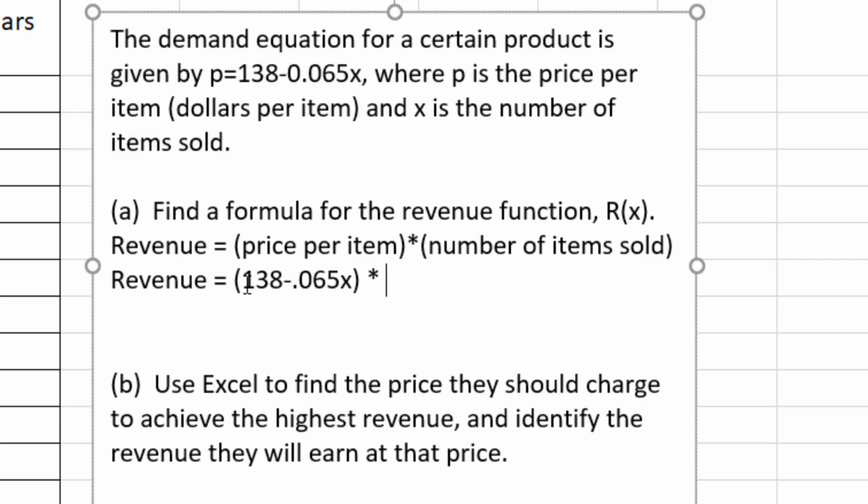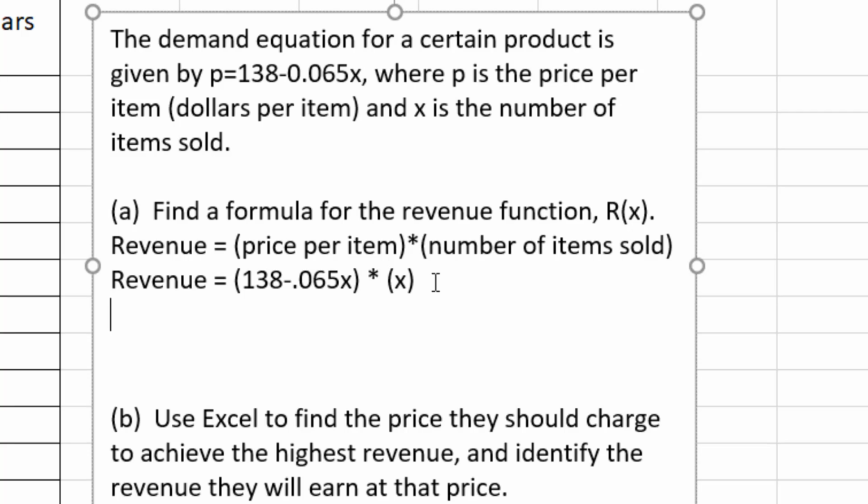And in this problem, we've been told that number of items sold is X. So I'm replacing price per item with the expression 138 minus 0.065x, and I'm replacing number of items sold with X. So now we have a function R of X, where R of X is equal to 138x minus 0.065x squared.